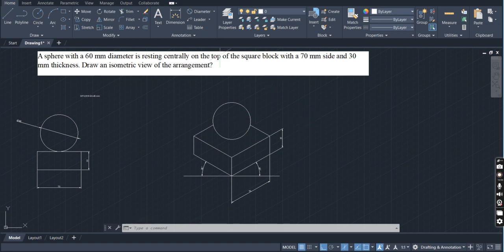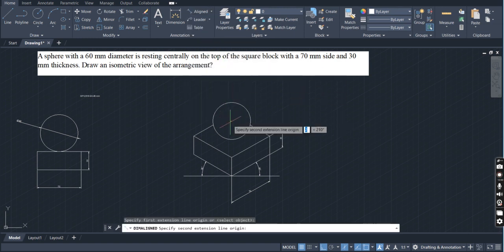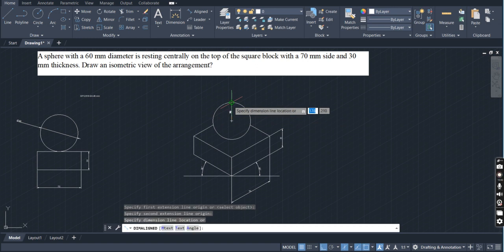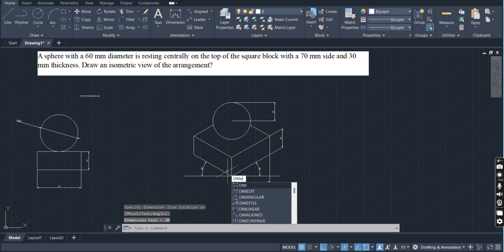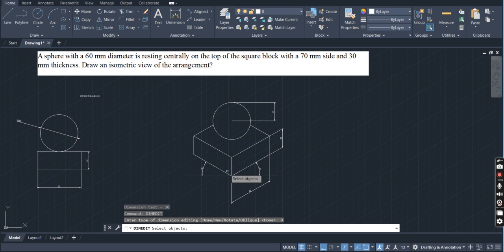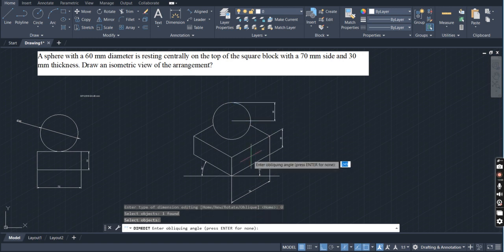For this also, dimension edit, enter, oblique, select this one, enter, and select the same angle.